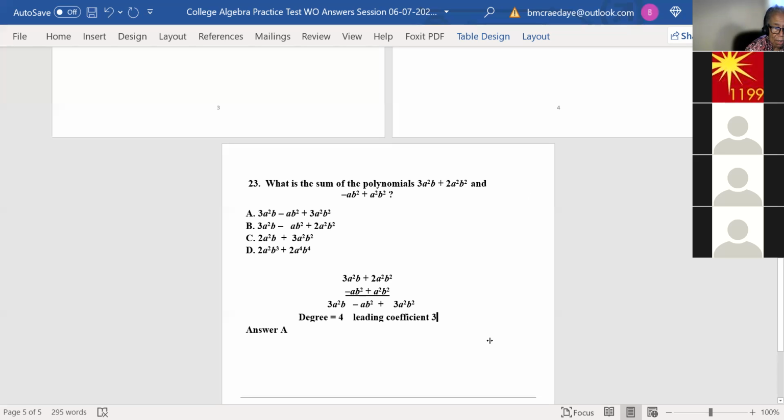Because it's a degree variable. Why isn't the 3 correct? No. You told me the degree was 3. Why is 3 incorrect for the degree?